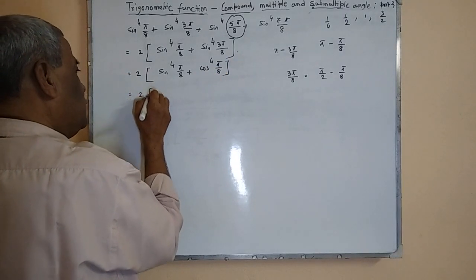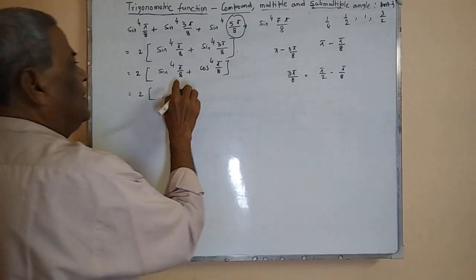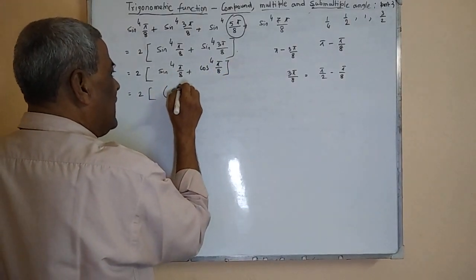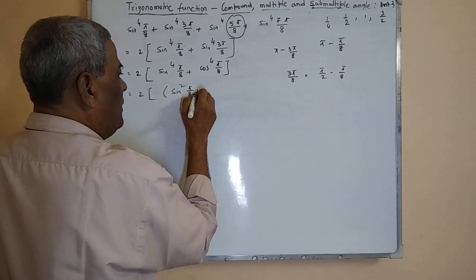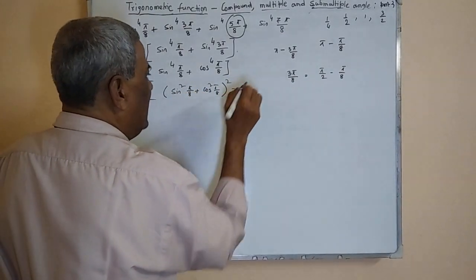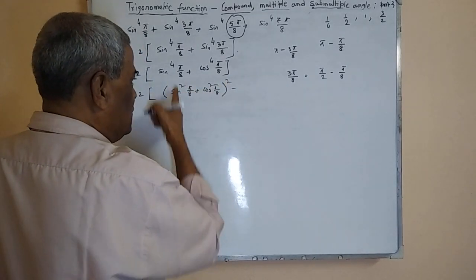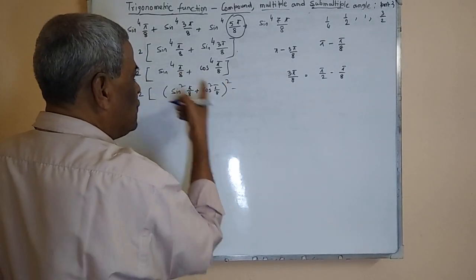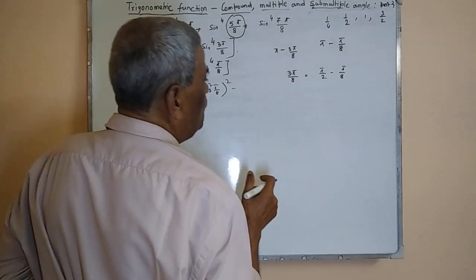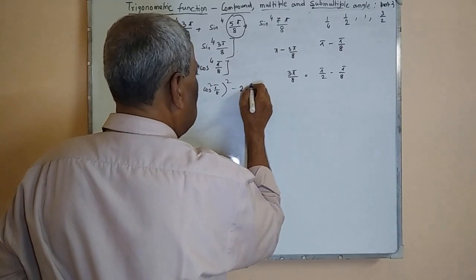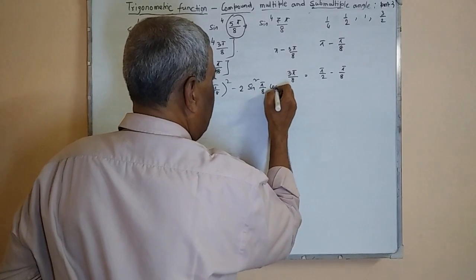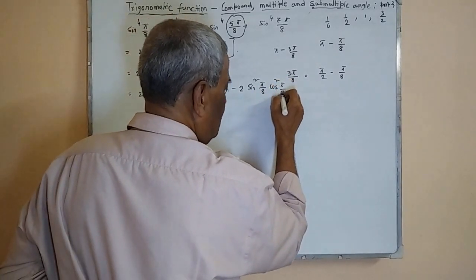So now it is equal to a to the power 4 plus b to the power 4. That is sine square pi by 8 plus cos square pi by 8, whole square, minus the product term we have to adjust, minus 2 sine square pi by 8 into cos square pi by 8.